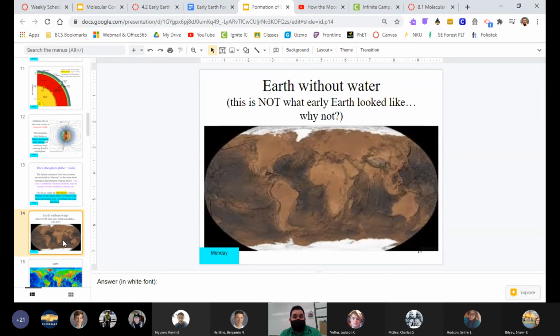Now, let me ask you this question. This is not what early Earth would look like. Why not? So real quick in your answer box, why is this not what early Earth would look like? Early Earth did not have water. So it looked kind of like this, but it would not look exactly like this picture.